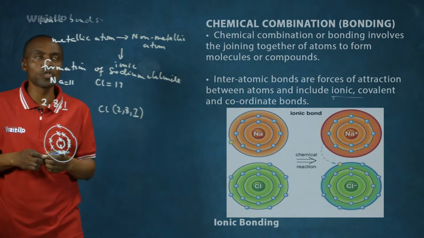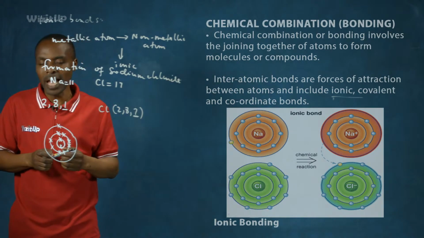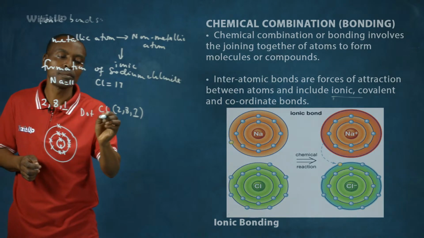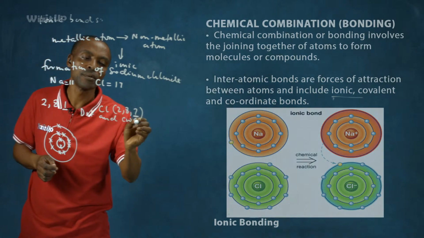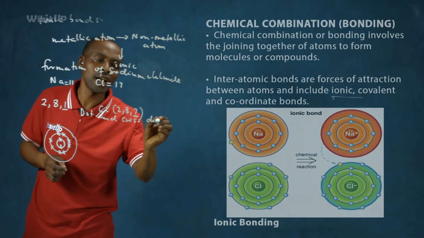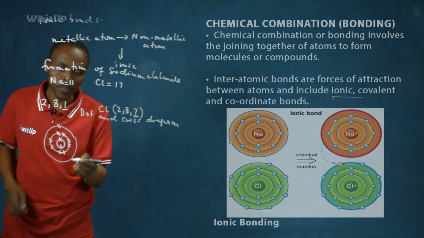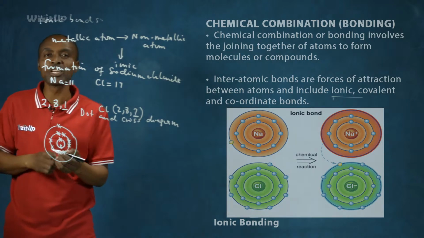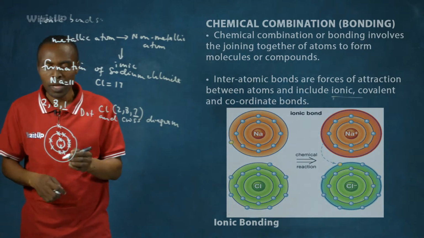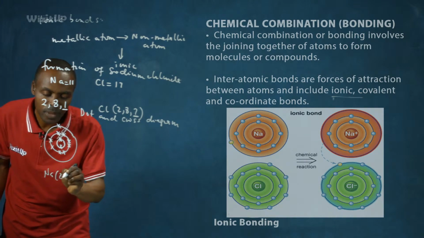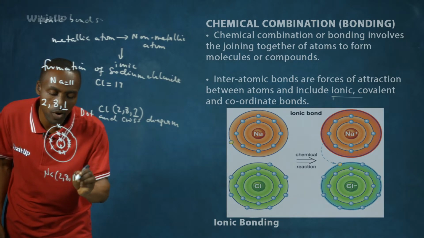So we're going to use what we call the dot and cross diagram in our bonding. This represents the electronic diagram of the sodium atom before bonding. Its electron configuration is 2, 8, 1.